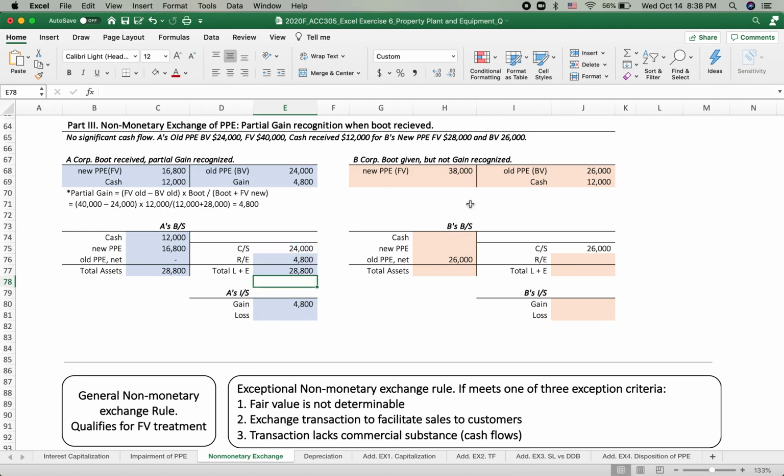Then in this case, the old one was 26,000. Now minus 26,000 should be removed, and the cash out minus 12,000, and the new PP&E of $38,000 is recorded. We don't have any gain or loss, so no retained earnings related to this transaction. So let me just sum up.